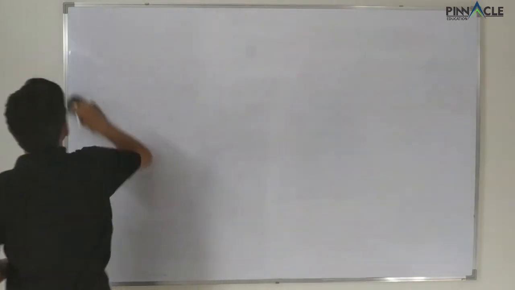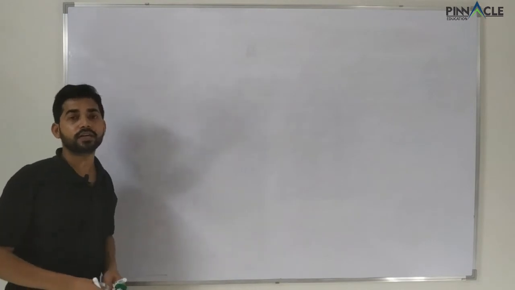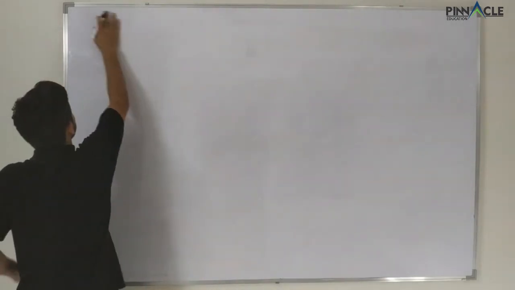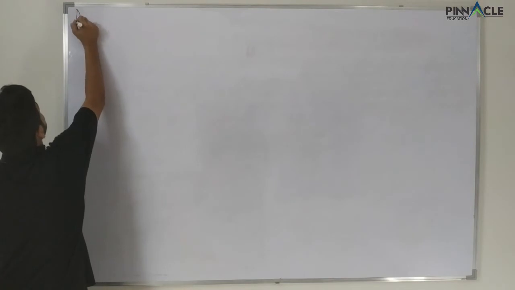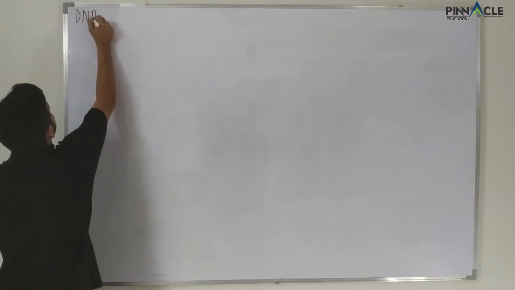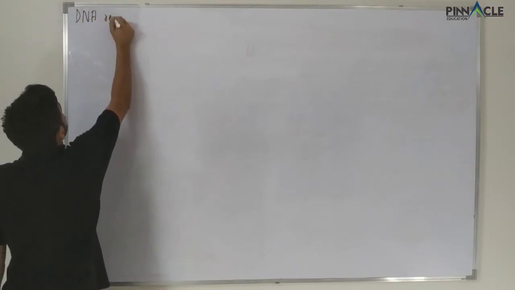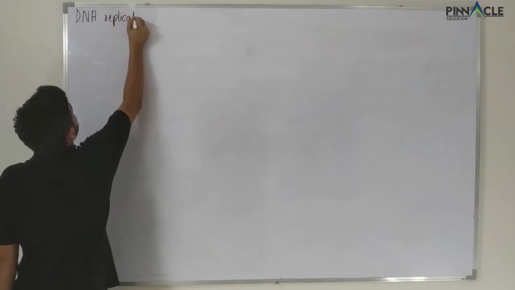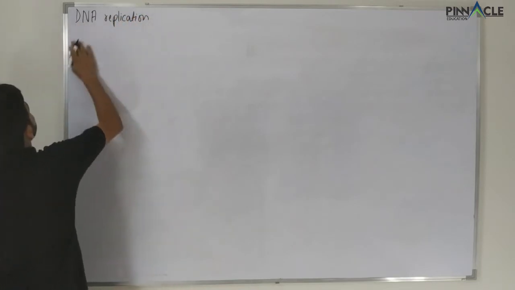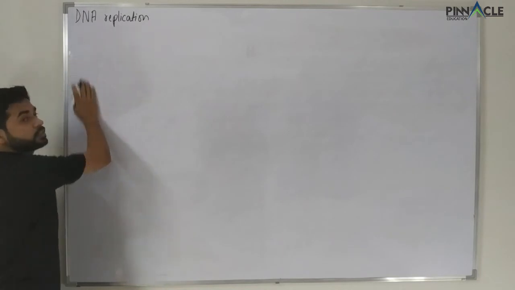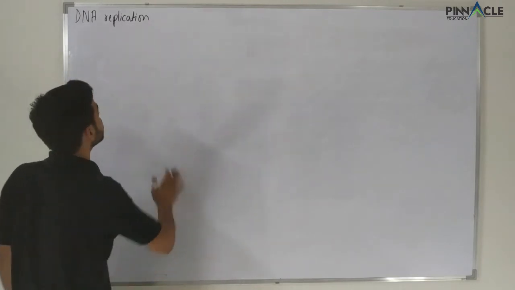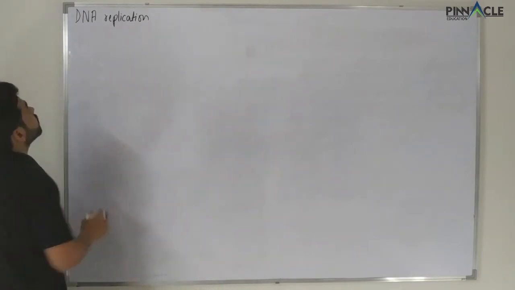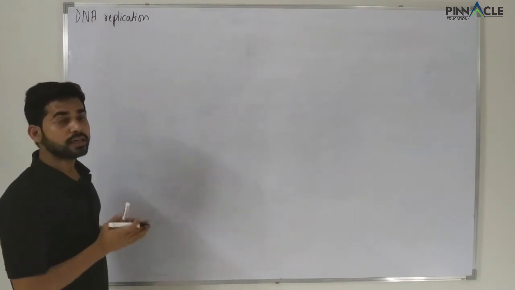So we will now come to the enzymatic processes which are occurring over here. First of all, we have already studied the properties of DNA replication, and now we are going to study about the enzymes.